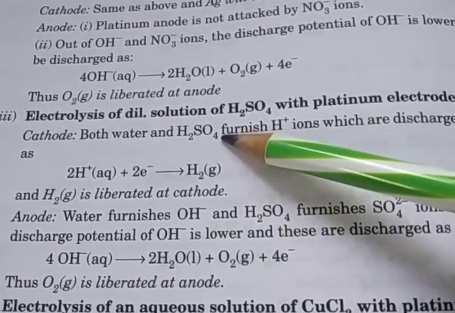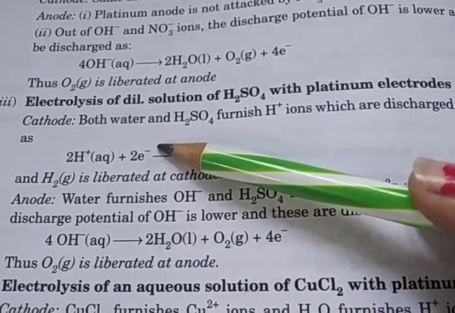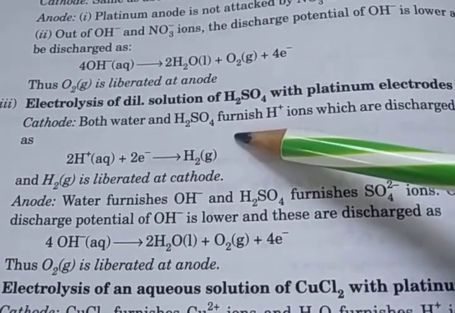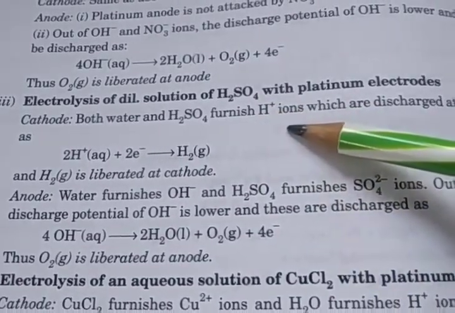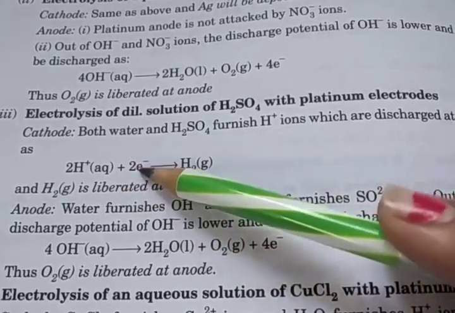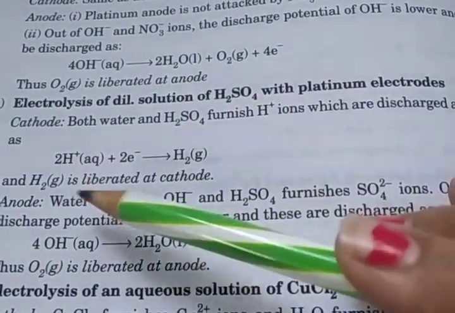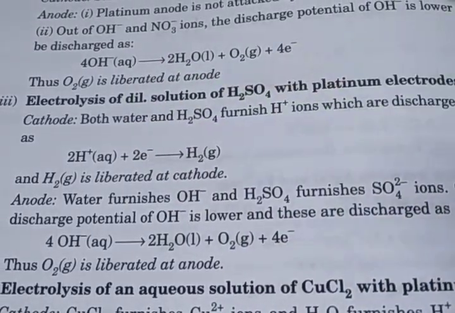Both water and sulfuric acid furnish H+ ion, because water already has H+ ion, and sulfuric acid has H+ ion. Both furnish H+ ion, but which is discharged at the cathode? 2H+ gains 2 electrons and converts into hydrogen gas. So hydrogen gas is liberated at the cathode.